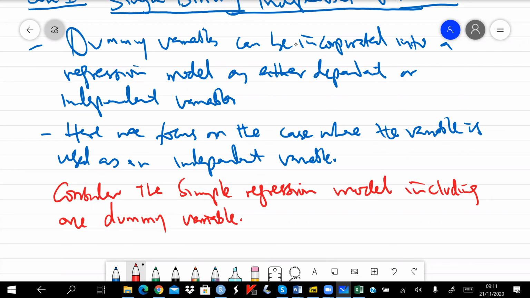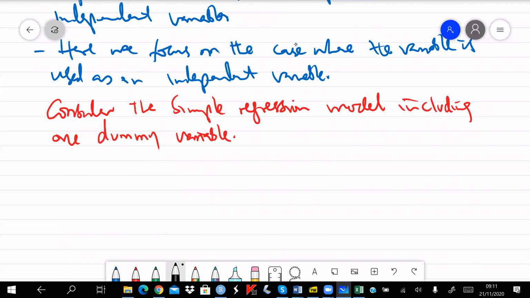This is how you'll have the model looking like. Assume y is the dependent variable, a continuous variable: y is equal to beta naught plus delta naught D, where D is the dummy, plus beta 1 x plus the error term.